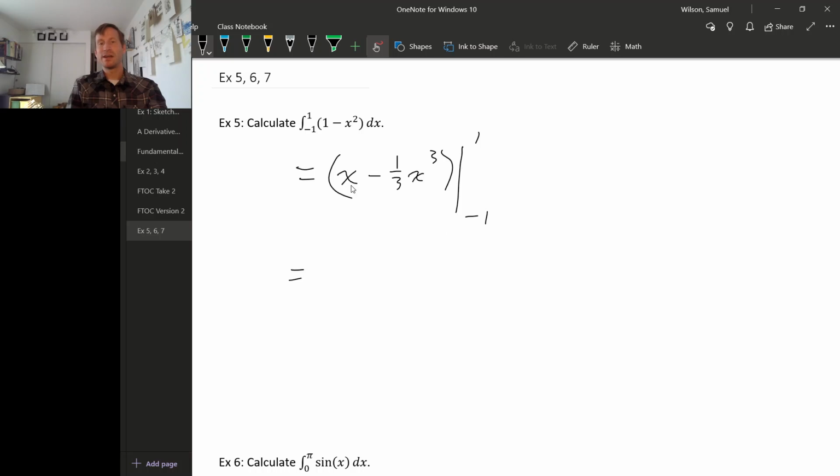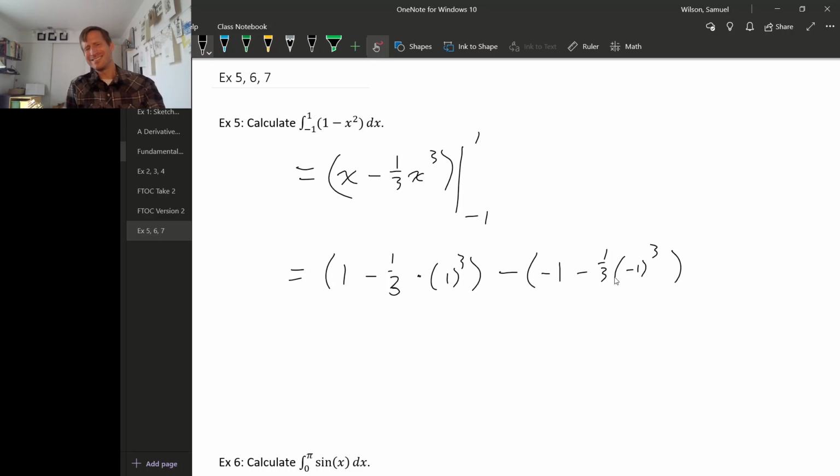Now we can plug in our bounds and see what we get. When we plug in the first bound, we get 1 minus 1/3 times 1 cubed. Now we subtract and plug in the bottom bound: -1 minus 1/3 times -1 cubed.